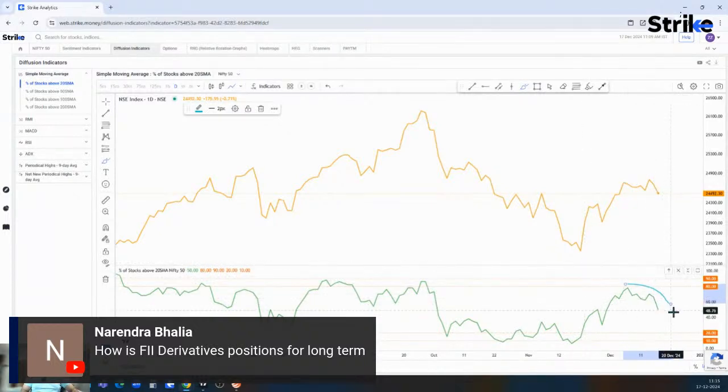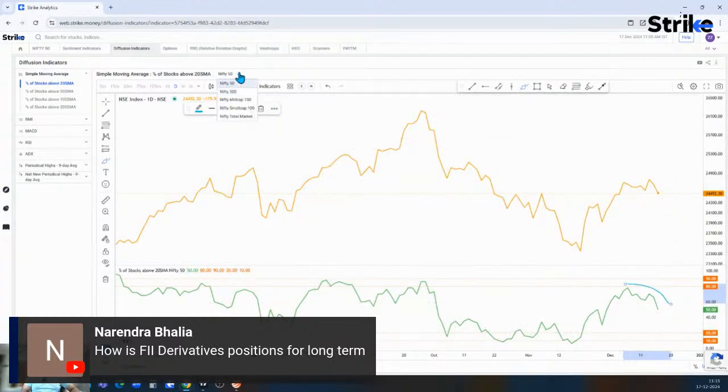This reading is at 50, which means that 50% of the stocks in the market are above their 20 SMA, and 50% are below their 20 SMA, and this indicator is going down. So more and more stocks are going below their 20 SMA in the short term. It is a little bit of a bearish signal.